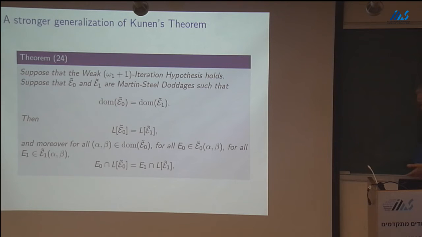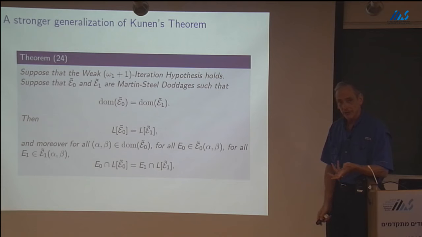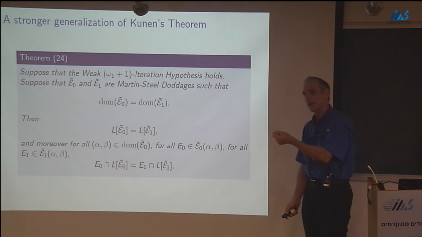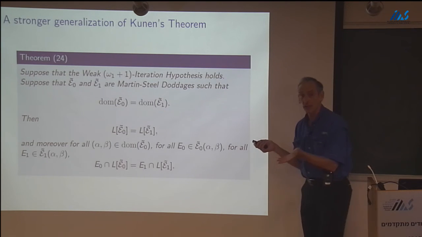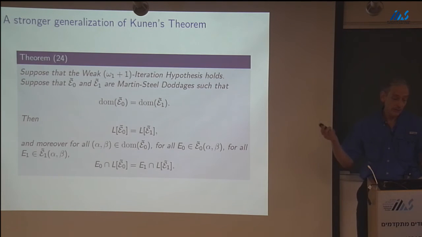So the inner model given by a Martin-Steel dottage in V is uniquely defined by the domain of the dottage. That's just like LMU is uniquely determined by the associated kappa. So it's playing the role of kappa now as the domain of the dottage, which is just a bunch of pairs of ordinals. Okay, so this all looks really great. Looks like we're almost there.